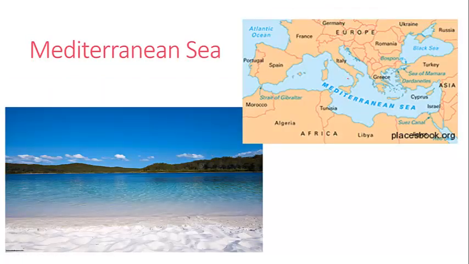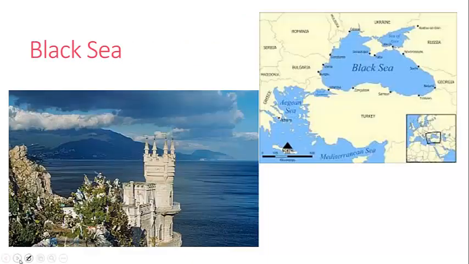And the next is our Mediterranean Sea. Our Mediterranean Sea spans most of the southern part of Europe and northern part of Africa. So the Mediterranean Sea touches most of South Europe and North Africa. Our next one is the Black Sea.